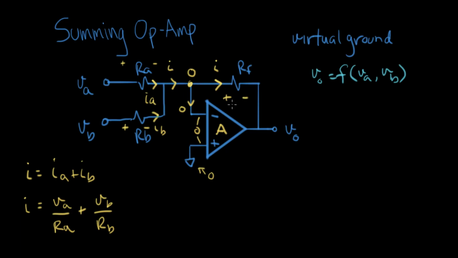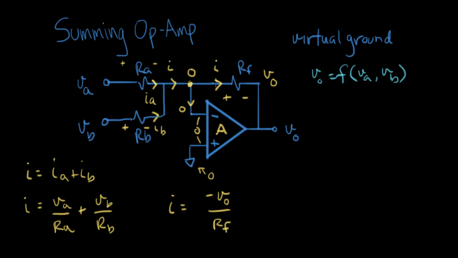Let's look at the two ends. This is 0 volts on this node, and on this side it's V out. So the current equals 0 minus V out, so minus V out, divided by RF. That's Ohm's law for this resistor right here.